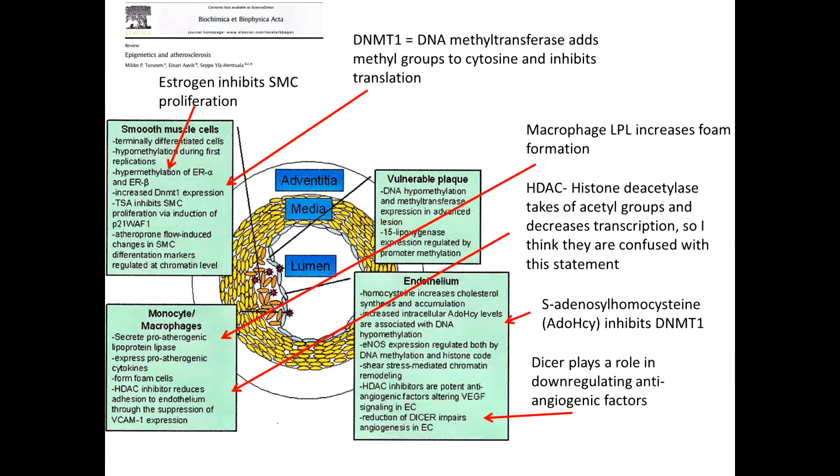If we look down towards the bottom left, it talks about monocytes and macrophages, and LPL increasing foam cell formation. It's also talking about different mechanisms by which foam cells, or the inflammatory process that changes monocytes to macrophages to foam cells, are being activated.